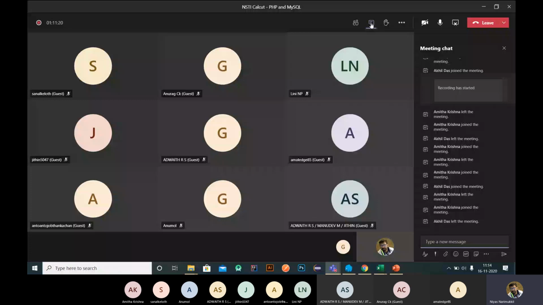Any questions during this session regarding what we studied, based on mean, median, mode, variance, and standard deviation? Any questions?